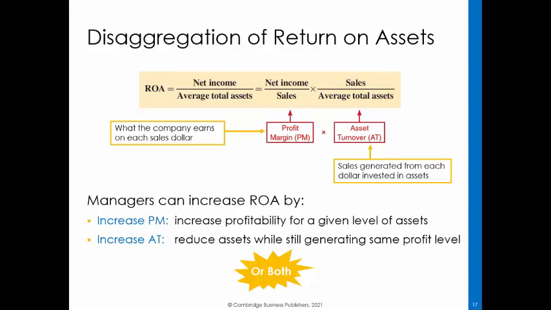We can gain insight into these two drivers by disaggregating return on assets into two components to isolate the profitability and asset investment levels. The first component is profit margin, calculated as net income divided by sales, and the second component is asset turnover, which is calculated as sales divided by average total assets.